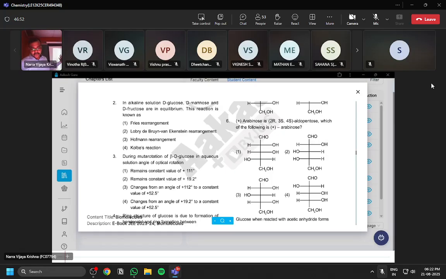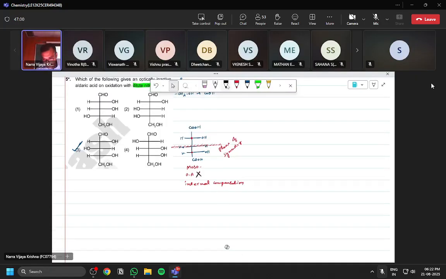Okay, wow. Sir, after this, you told one point, sir. Oh, tartaric acid. Maybe you are asking about this one. COOH, COOH. Now total carbons are 4, right? Now it is also having a plane of symmetry or not? Can I cut this into 2 equal halves?